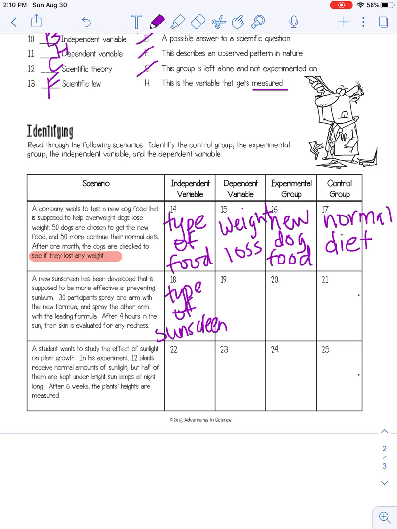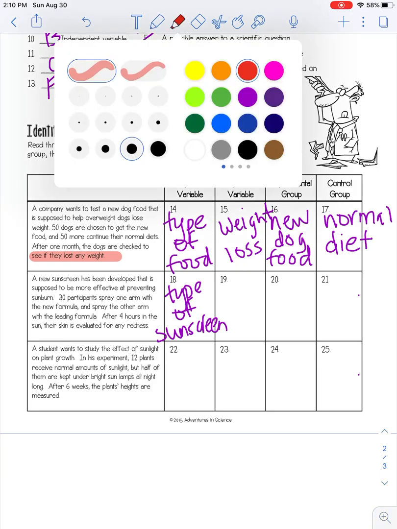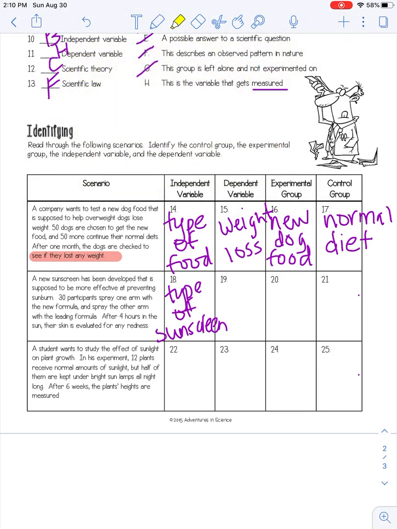So the experimental group. What's interesting about this little scenario is that we've got the same people. We've got 30 people, and the experimental group is going to spray one arm with the new formula. So let's have that as our experimental group: the arm with the new formula.